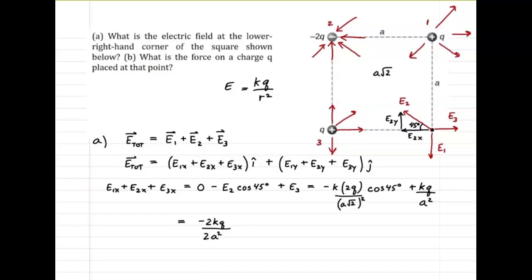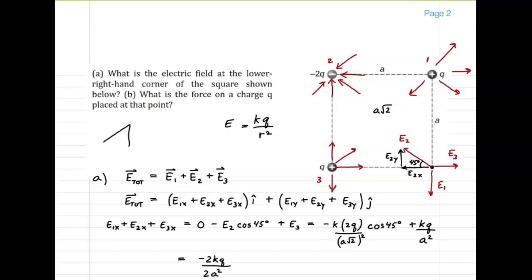Cosine of 45, if you remember your reference triangle, it is 1, 1, root 2, 45. And so cosine is adjacent over hypotenuse. So cosine 45 degrees is 1 over root 2.